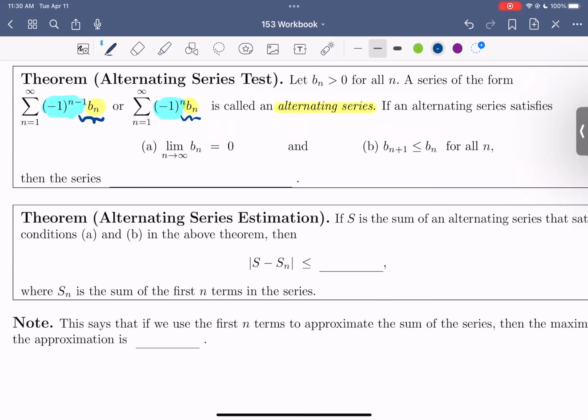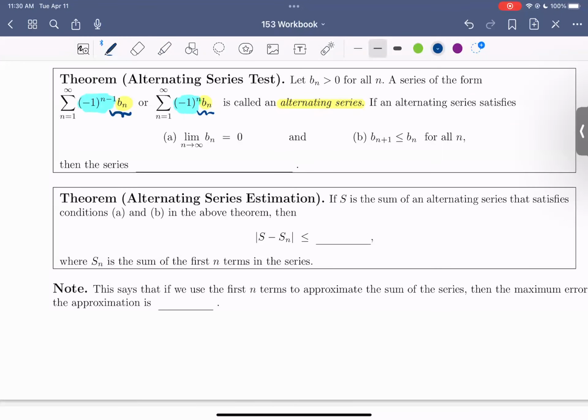Okay, so that's cool. So what about such a series? Well, if that series has the following two properties, and that is, number one, if the terms, the Bn, go to 0 as n goes to infinity, and if the (n+1)th term in the sequence making up the sum is less than or equal to the nth term for all n, then the series converges.